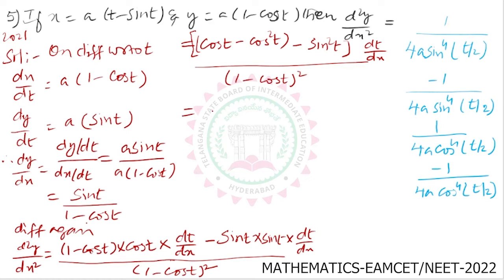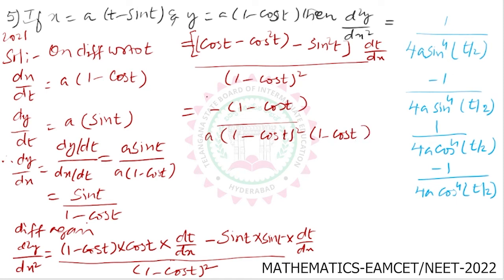So this becomes minus of 1 minus cos t, whole divided by 1 minus cos t whole square, into the value of dt by dx, which is nothing but a into 1 minus cos t. So 1 minus cos t cancels from both numerator and denominator, which gives me minus 1 whole divided by a into 1 minus cos t whole square.